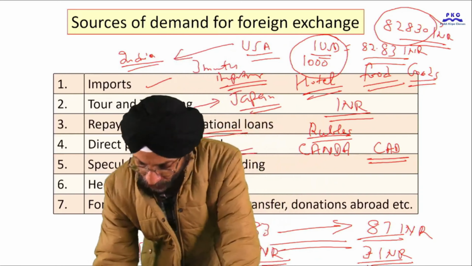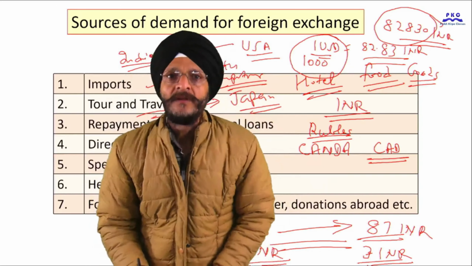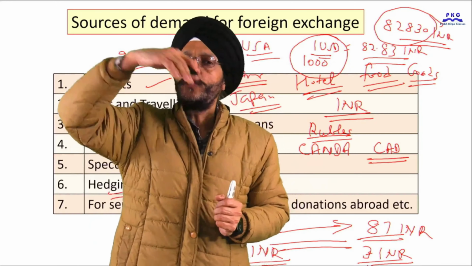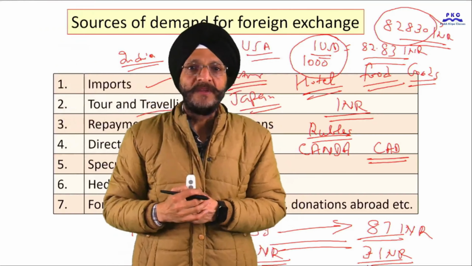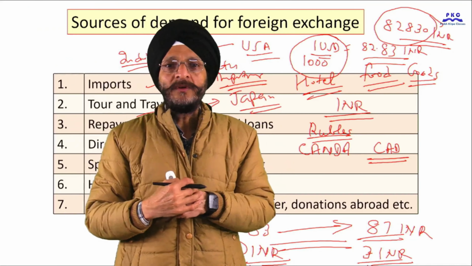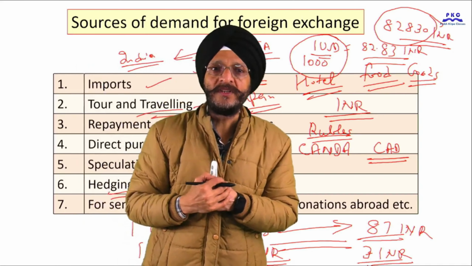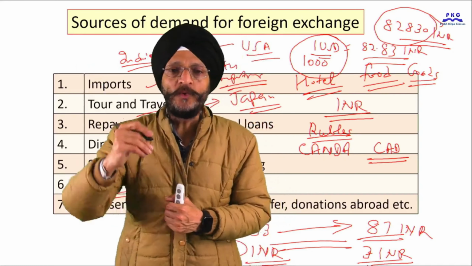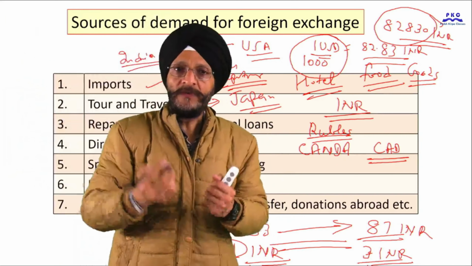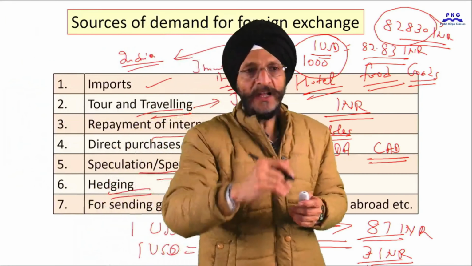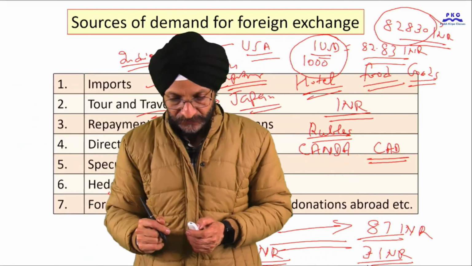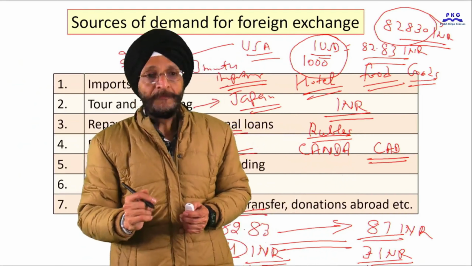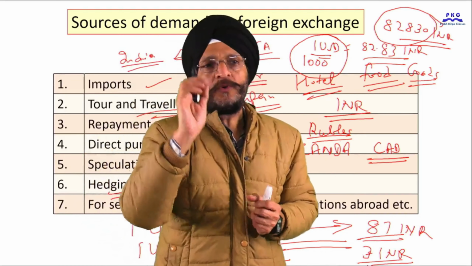So if we are to send unilateral transfers, we also require foreign exchange. If we want to help some other country on humanitarian ground, or give certain donations abroad, we will require foreign currency. So for all these purposes, we require foreign exchange or foreign currency.